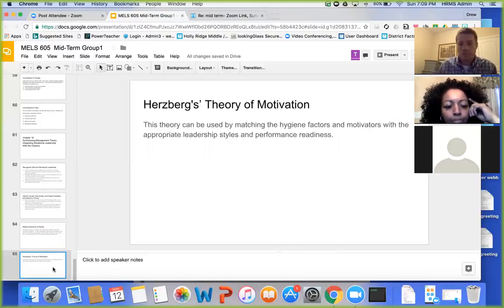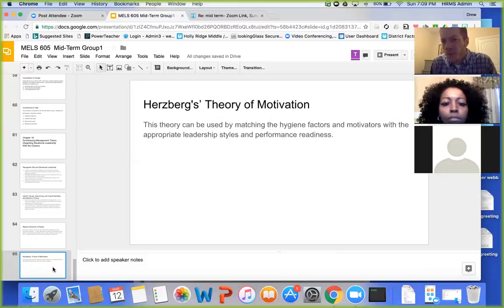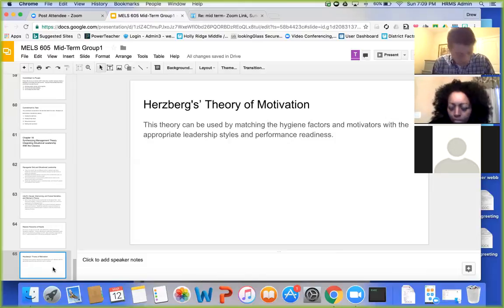The next one that we look at is Herzberg's theory of motivation. Herzberg's theory of motivation can be used by matching the hygiene factors and motivators with the appropriate leadership styles and the performance readiness.